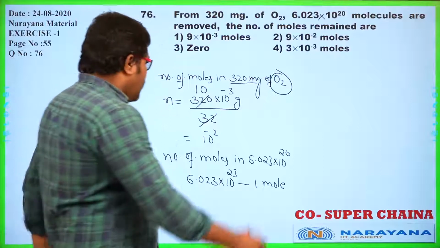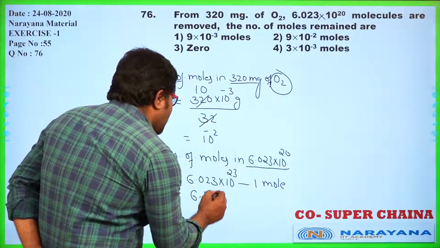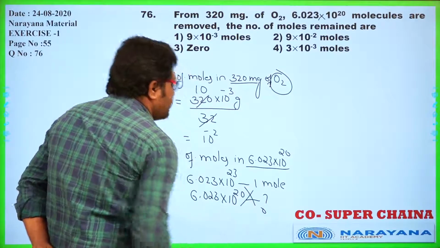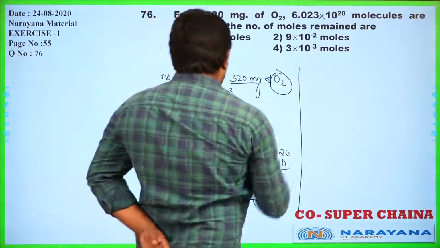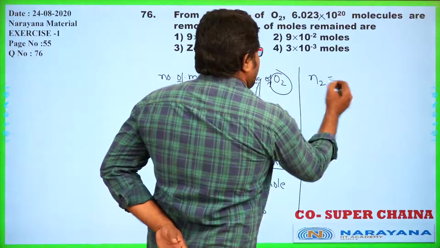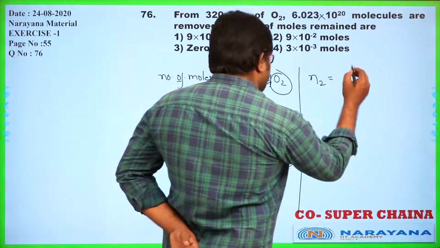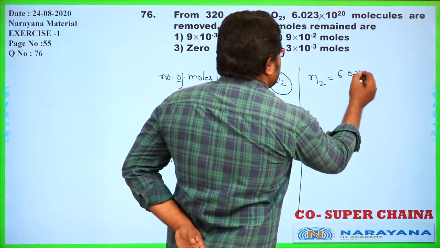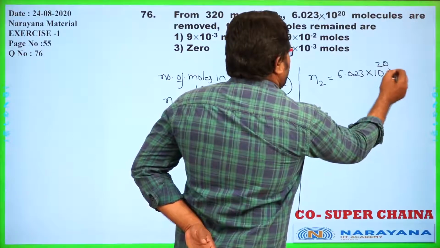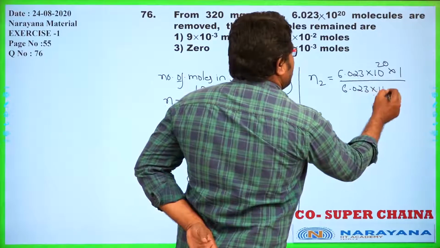Now here we have just 6.023 into 10 power 20, so how many moles are there? Taking N1 and N2, this is 6.023 into 10 power 20 into 1 mole divided by 6.023 into 10 power 23.